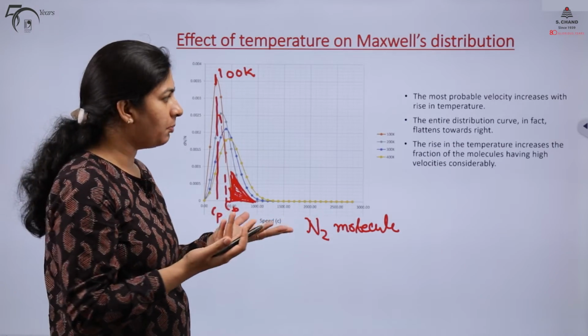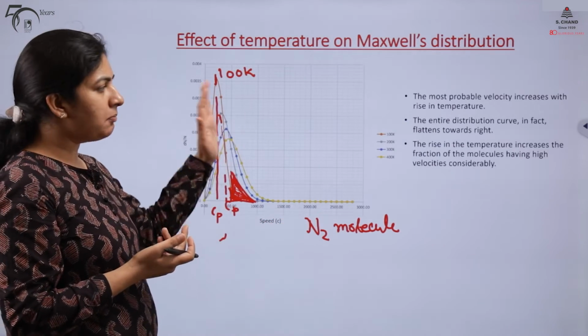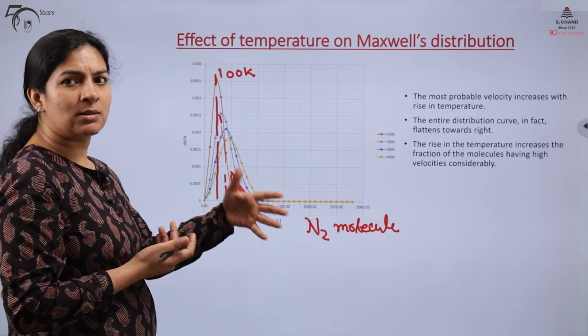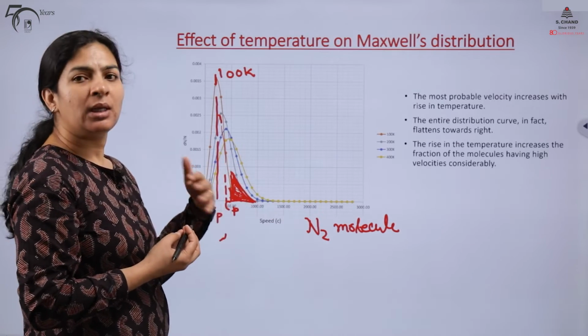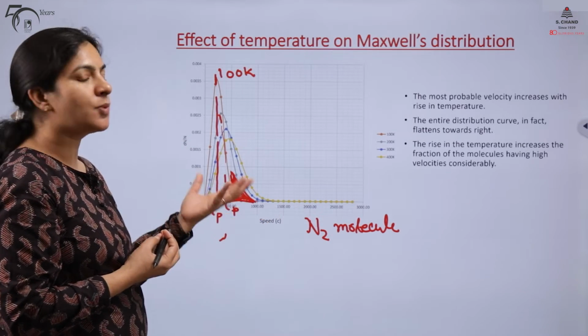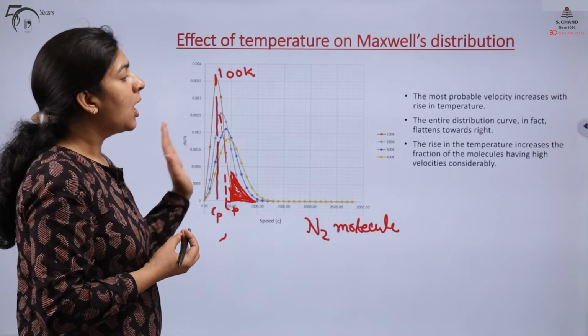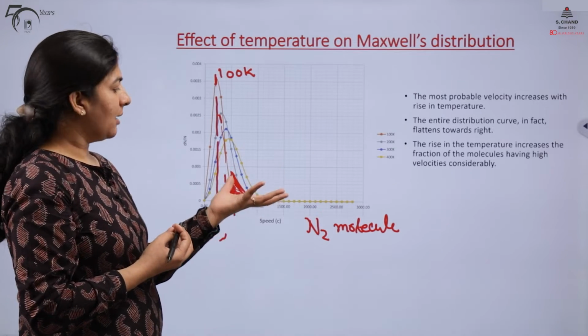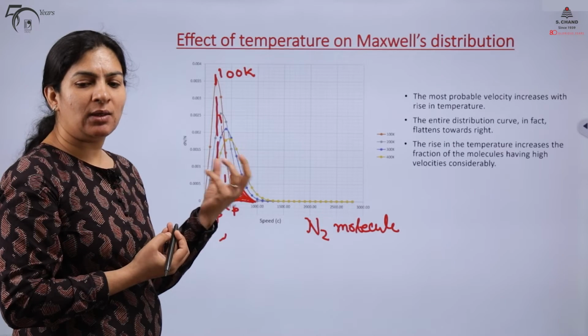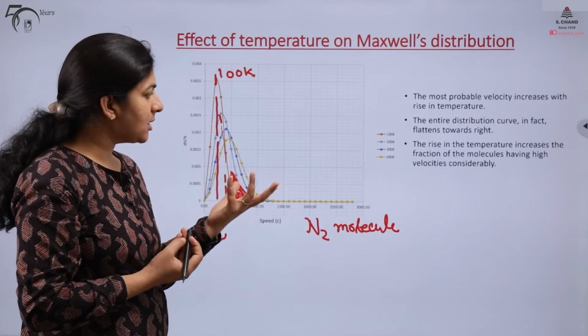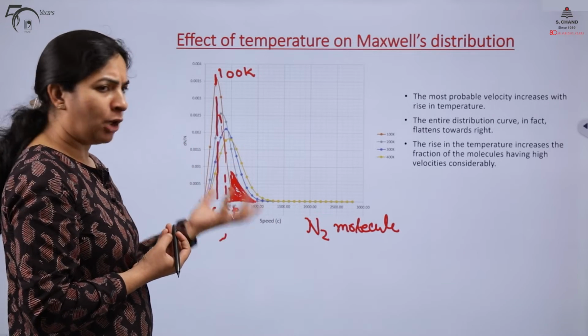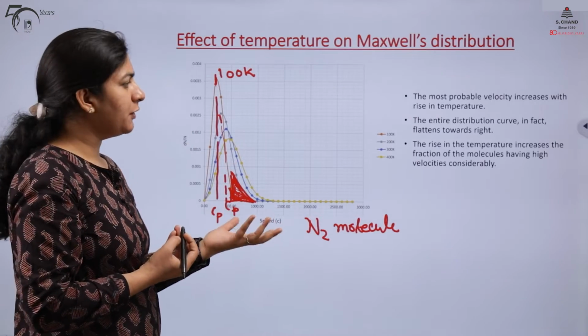Now at higher temperature there are many molecules, and hence the fraction also increases. The rise in temperature therefore leads to an increase in the velocity and kinetic energy of the molecules.